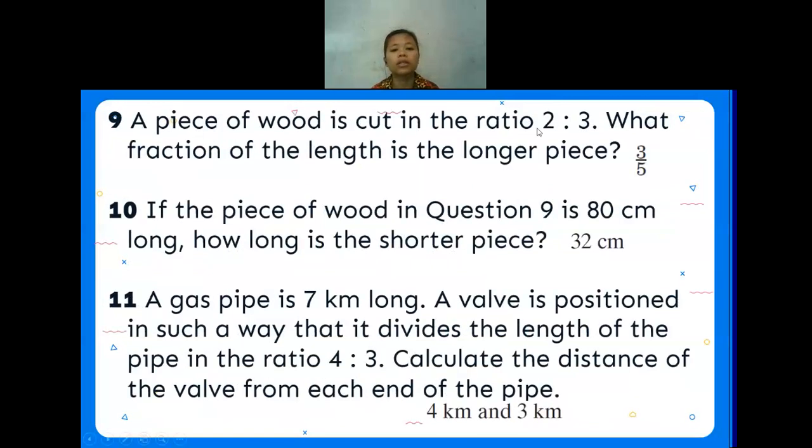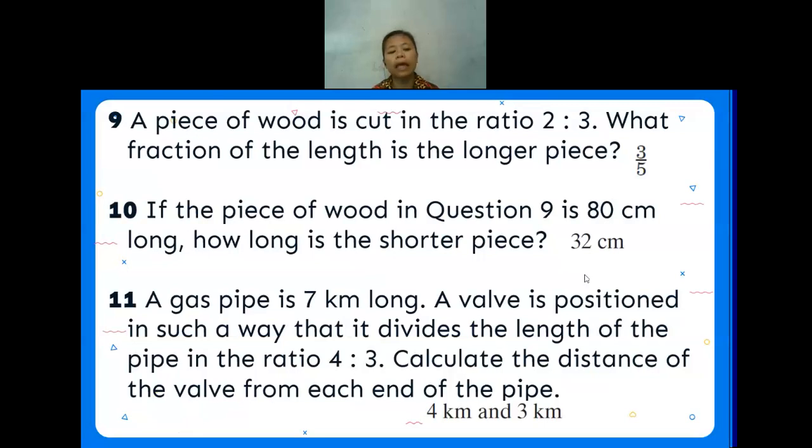For the question 9, we already have a piece of wood cut in the ratio 2 to 3. So later we will be having the total will be 5. And then we have to take the length. So from 2 and 3, the bigger number is 3. So for the fraction, it will be 3 out of 5.